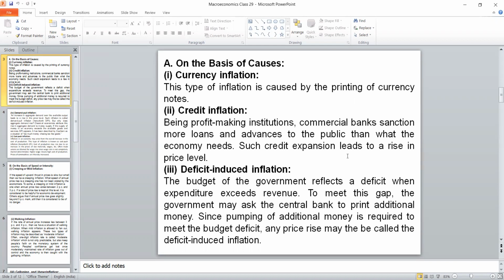This action is implemented through monetary policy. The government may ask the central bank to print additional money, and many monetary policy instruments will be implemented. Because of that, there will be an increasing price level for the product. This type we call deficit-induced inflation.